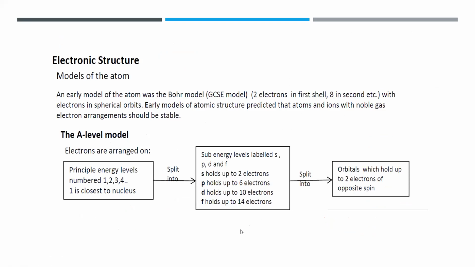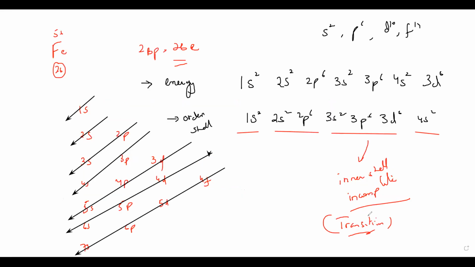Electronic configuration for chromium. Okay. So for example, if you want to write the electronic configuration for chromium, the atomic number of chromium is 24.